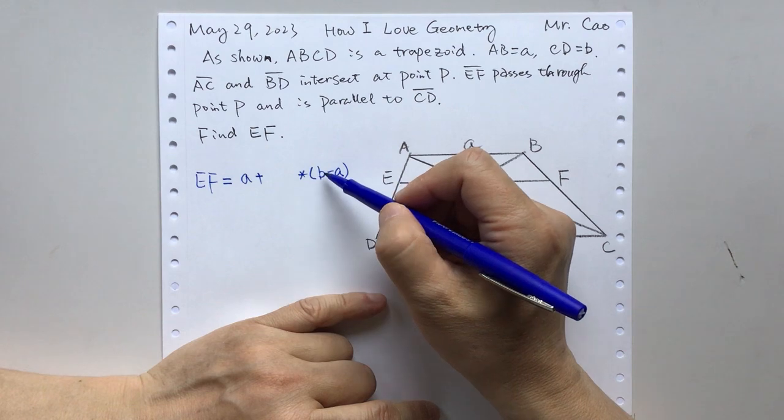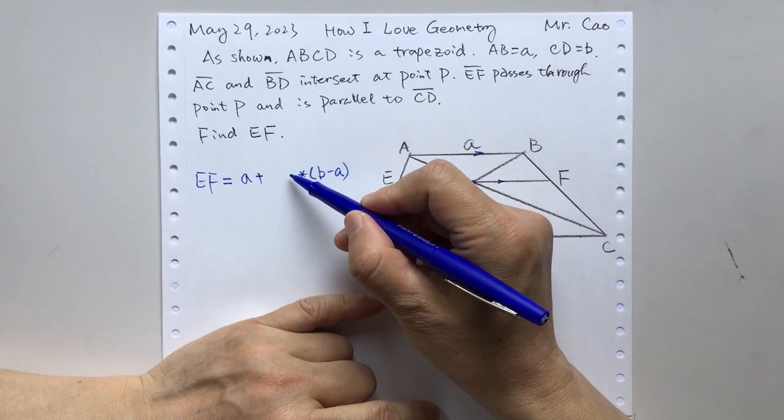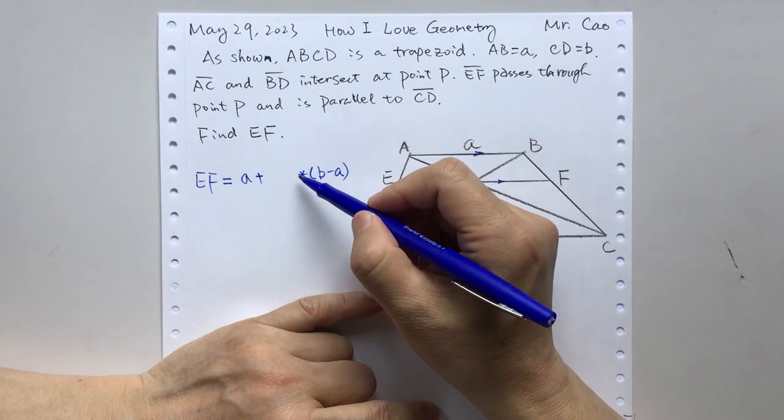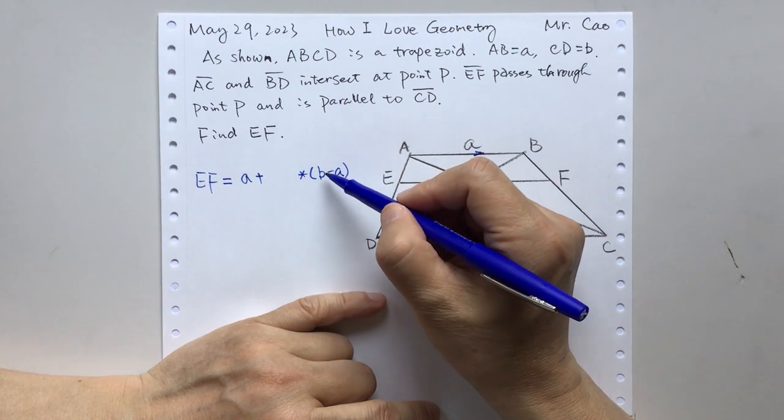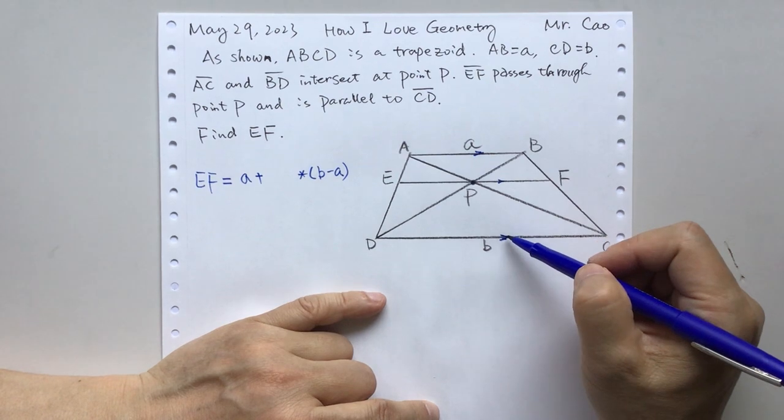And if the coefficient is 1, A plus 1 times B minus A is A plus B minus A, which will be B.